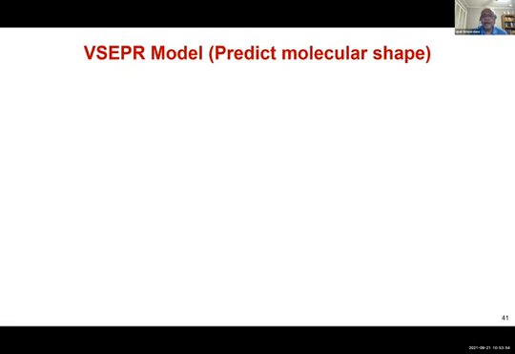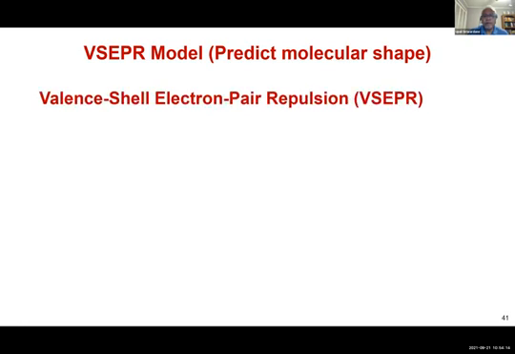There's a collection of ions in the ionic compound. In covalent compounds, there are distinct molecular shapes, distinct molecules. We can predict the shape of a covalent molecule using a model which we call valence shell electron pair repulsion theory.